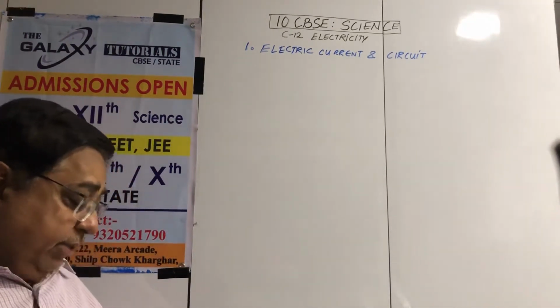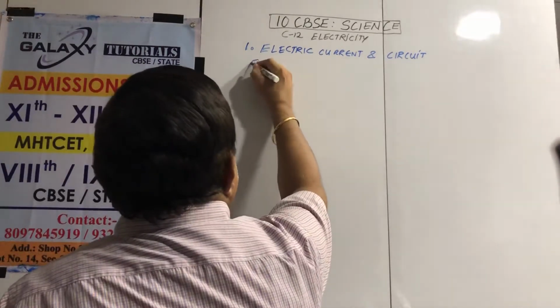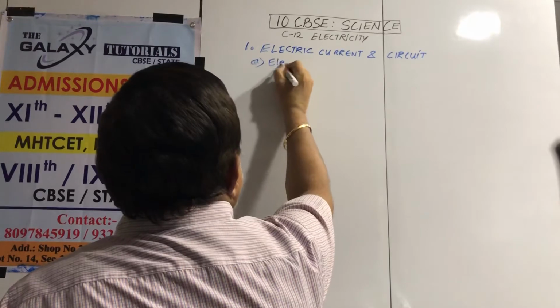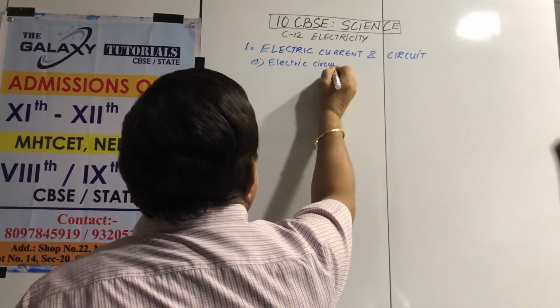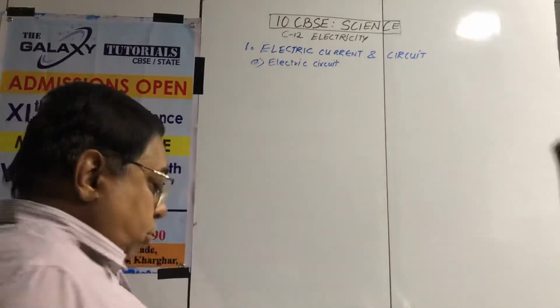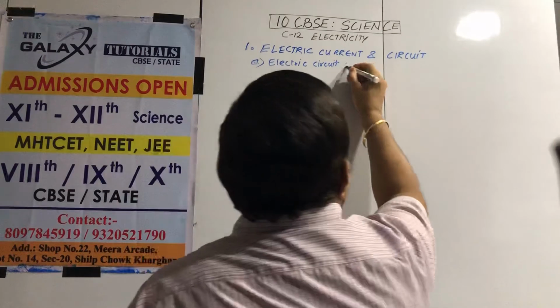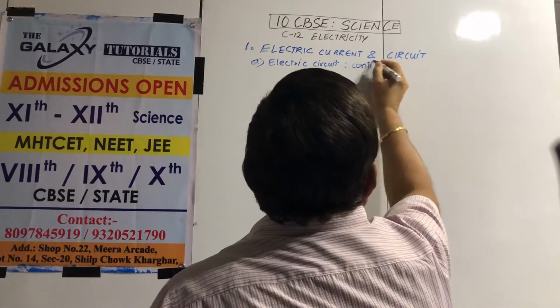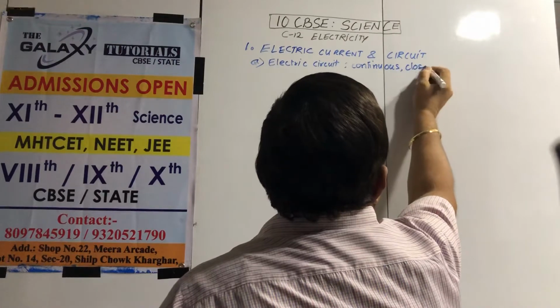So the book says how to define an electric circuit. The book says a continuous, no breaks, closed path.